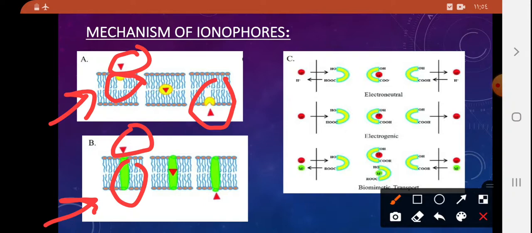Now I will talk in a little more detail about the third type. The third type of ionophore is the polyether ionophore. There are three mechanisms of cation transport by polyether ionophores, due to their lipophilic surface and polar interior core containing oxygen atoms and one carboxylic group.